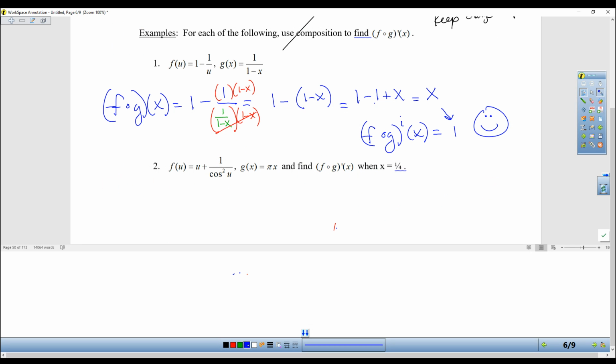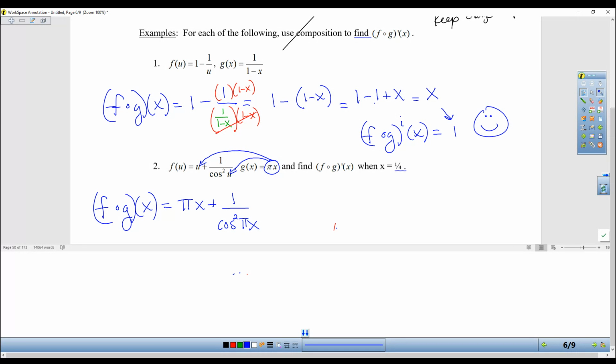Number 2, so I want f of g of x. That means I'm going to put g of x in f of x. There's 2 places that I'm going to put it, and I get pi x plus 1 over cosine squared pi x.